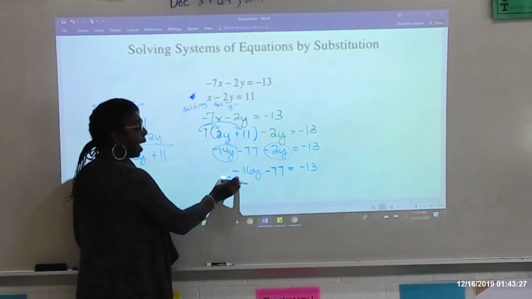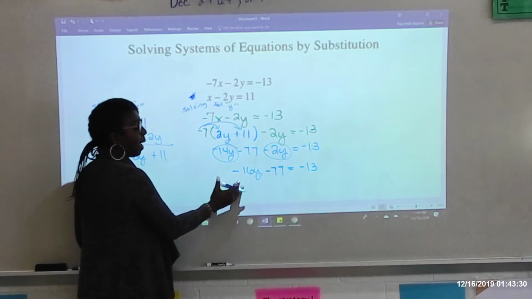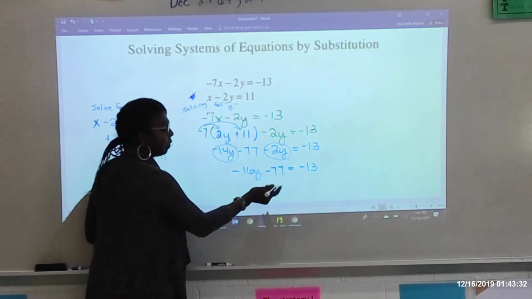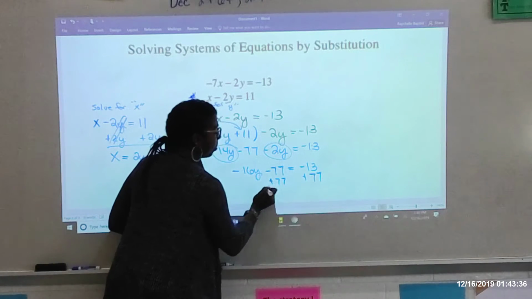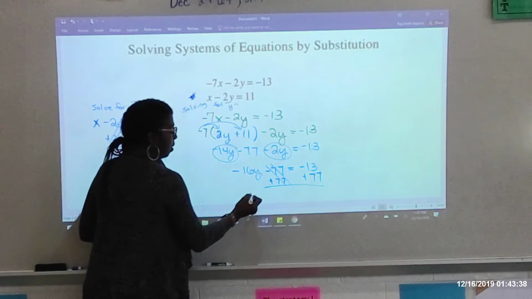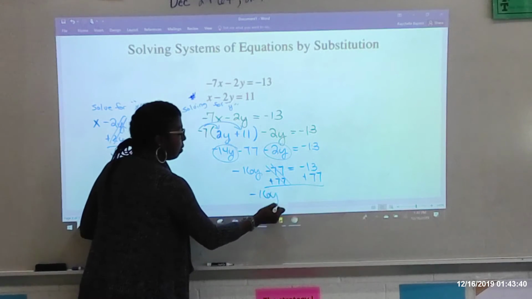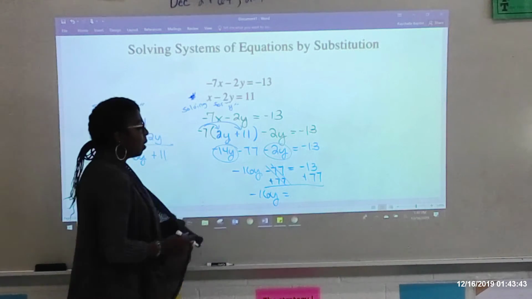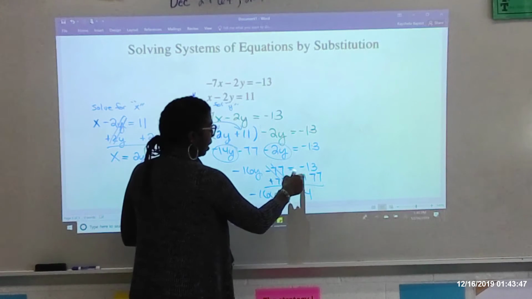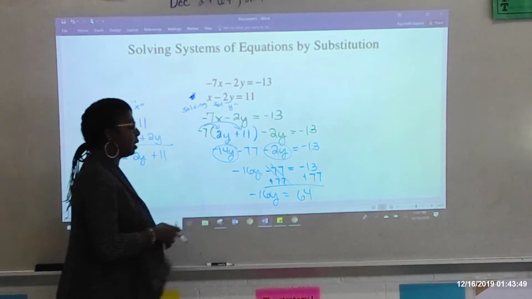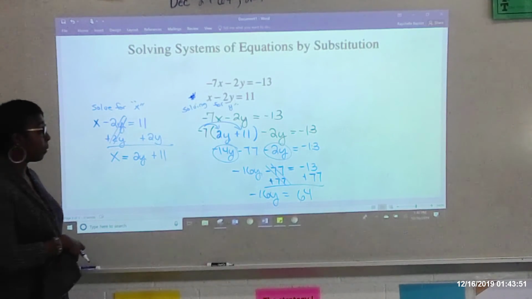Remember, you always want to isolate, or get the term with the variable by itself. So you're going to move negative 77 by adding. Negative 16y is equal to 64. Okay?